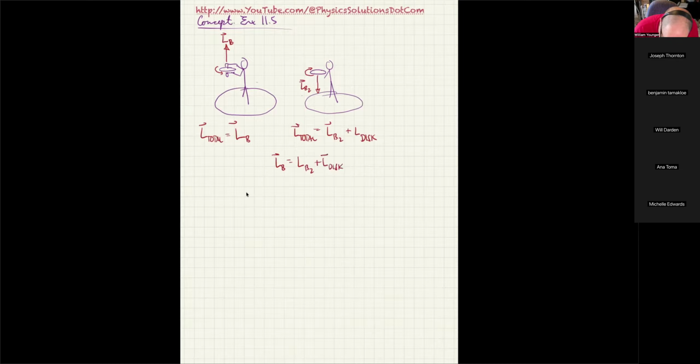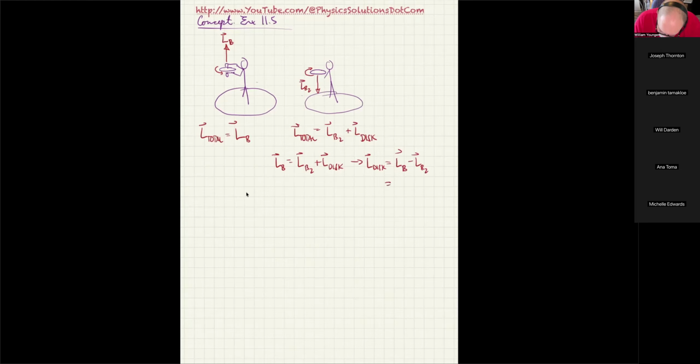And all of these are technically vector quantities. I'm dropping symbols because I didn't necessarily need them, but it's probably best that I put them on there. So you see that L disk is going to have to be equal to LB minus LB2.